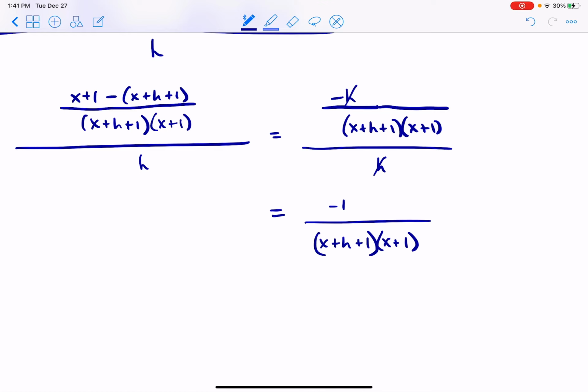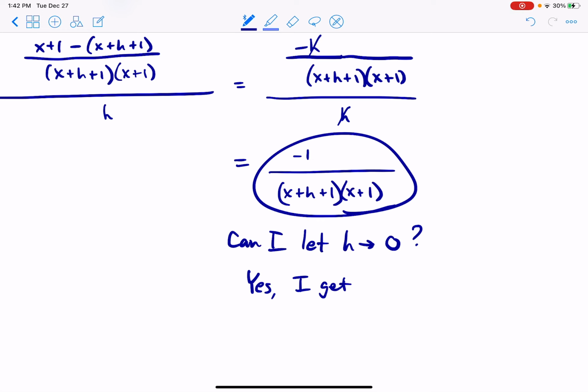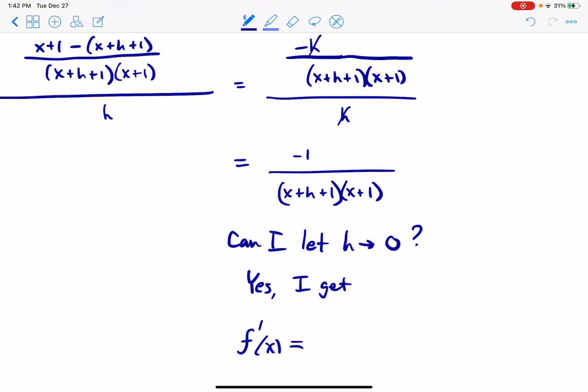And now I feel like, can I let h go to 0 and get something that is meaningful? And yeah, I can. What do I get? In the limit, this will be our derivative, and the answer I get is -1 over (x plus 1) squared. Okay, and that's my answer.